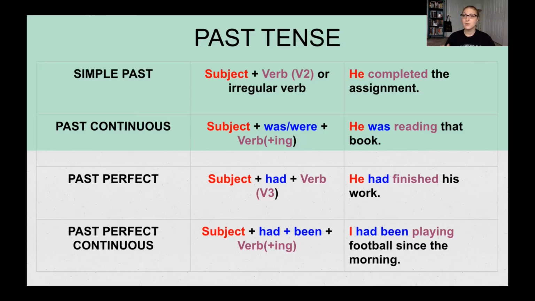What I want us to do, the same as the first go around, I want us to write an example sentence for simple past, an example sentence for past continuous, a third example sentence for past perfect, and then a fourth example sentence for past perfect continuous.